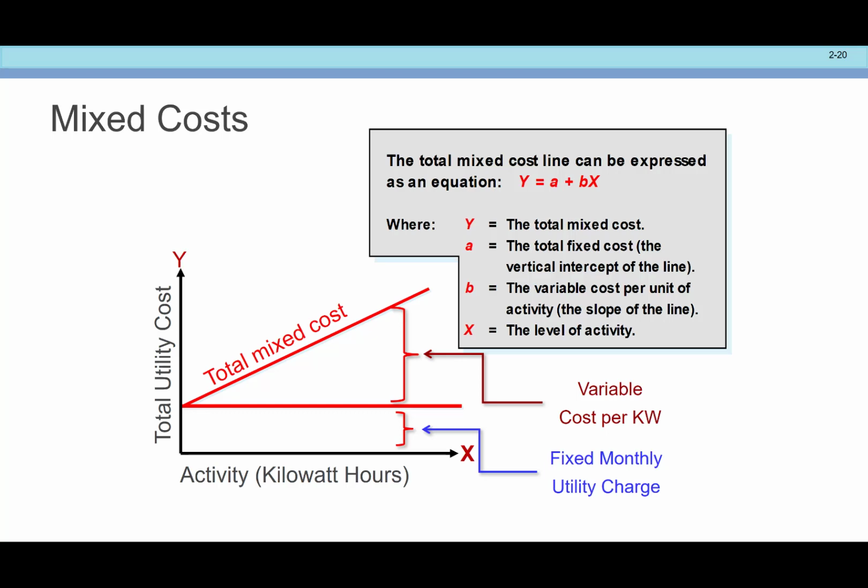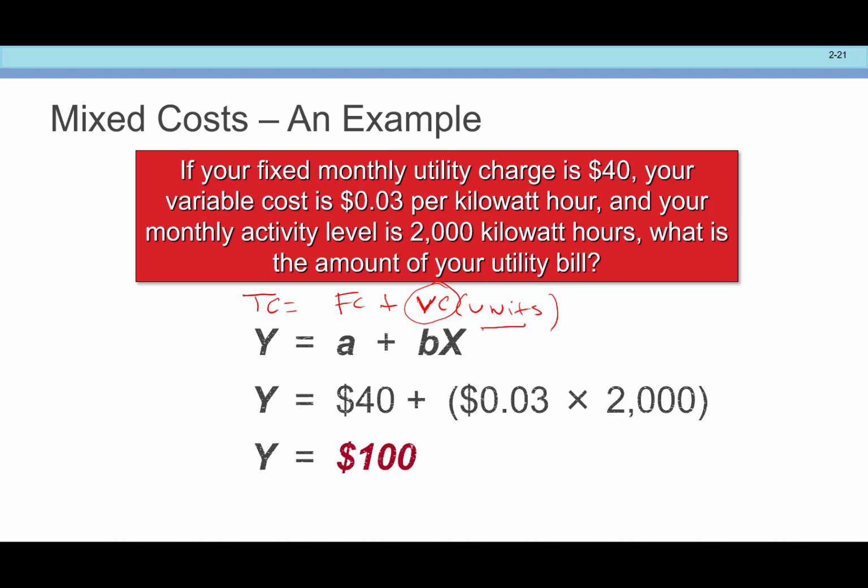I like to just draw it for what we're doing here, which is total overhead costs equal fixed costs plus our variable costs per unit times the number of units that we use up in our driver: kilowatt hours, direct labor hours, machine hours, I don't care. Whatever it is that drives your cost, and that's going to be relevant to whatever type of business you happen to be in, right?